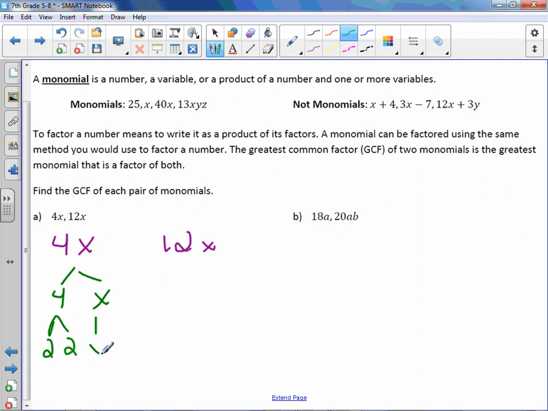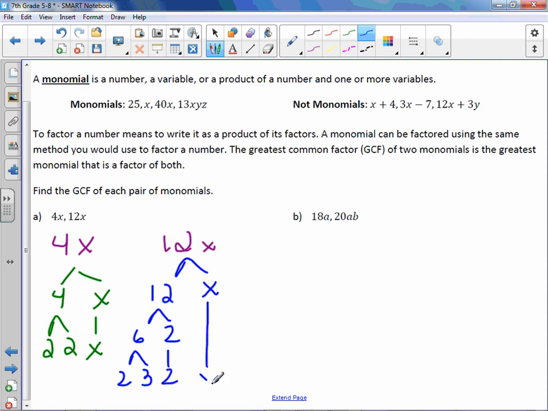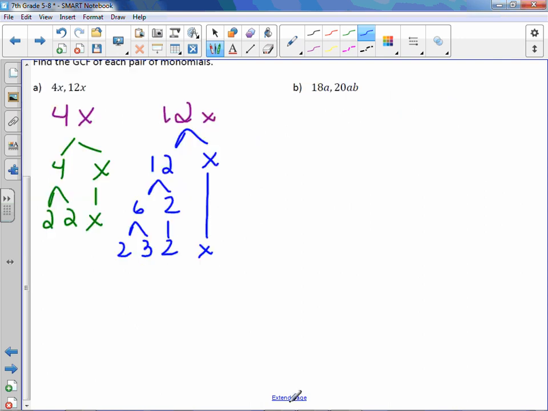So I'm going to bring down that x. 12x, I'm going to separate the number and the variable. 12 is 6 and 2. 6 is 2 and 3. Bring down the 2. Can't do anything with a singular x, so bring it down. So here are the factor trees.